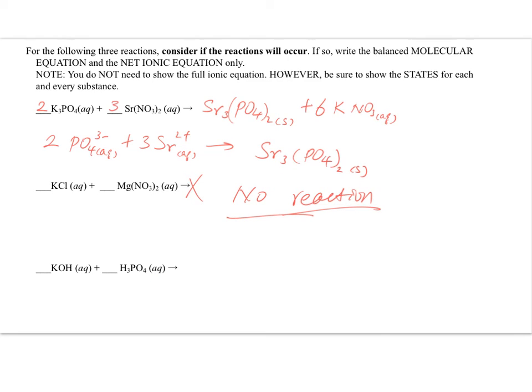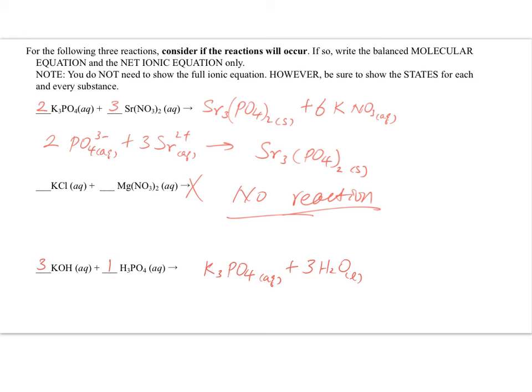So the product is potassium phosphate in solution because it's soluble, plus water in liquid. To balance these reactions, we need 3 potassium hydroxide to balance hydroxide and 1 phosphoric acid, and we have 3 water produced.